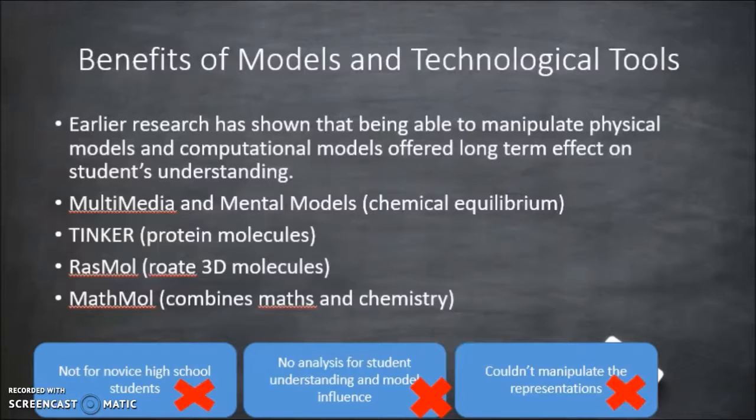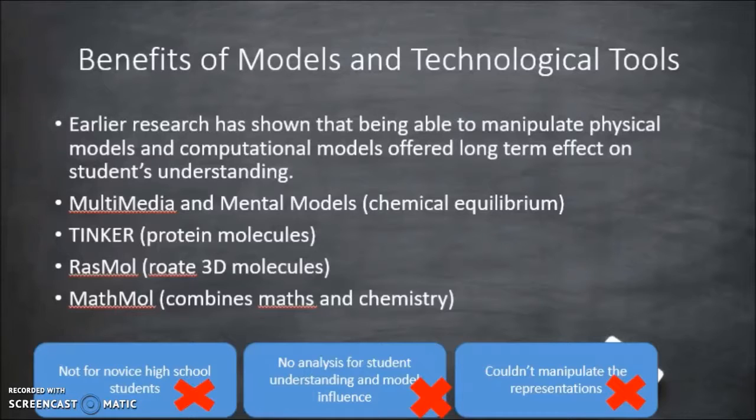There had been a lot of technological models or tools available in the marketplace: Multimedia and mental models, Tinker, RASMol, MathMol. But most of these were for college students and for professionals. None of them really focused on high school students.